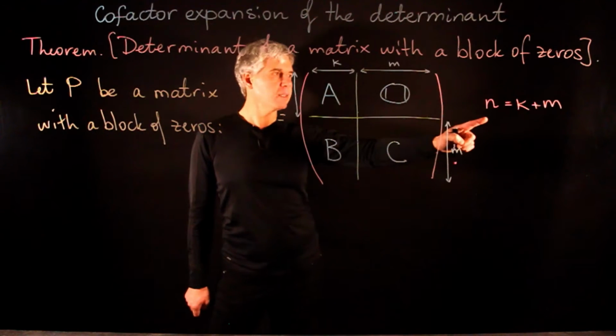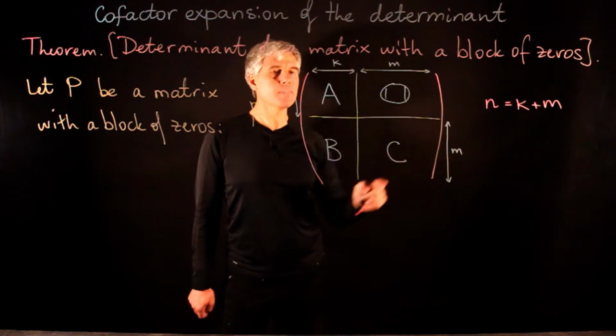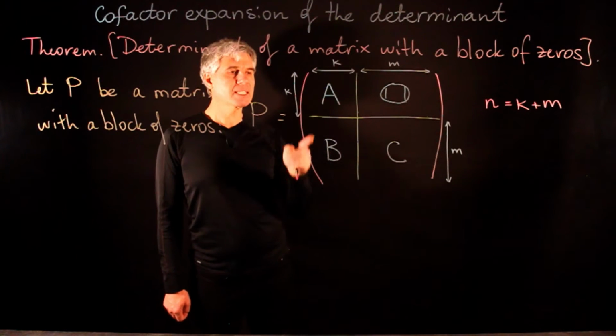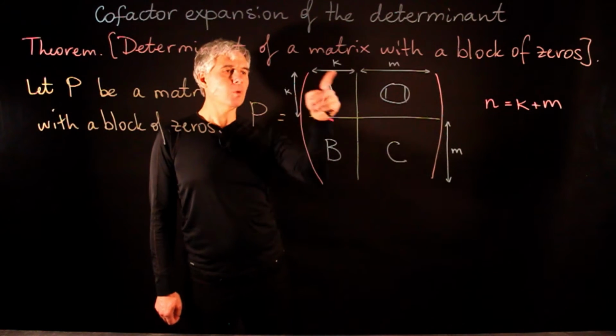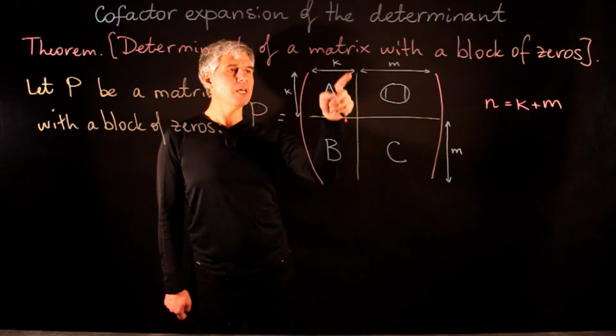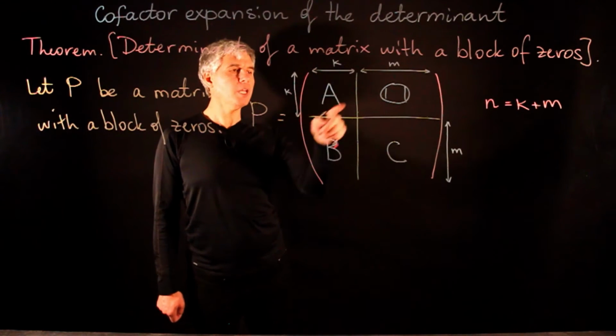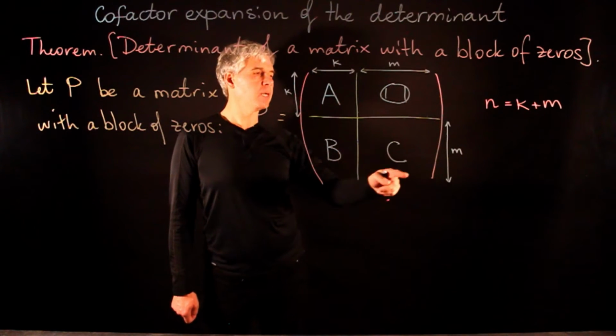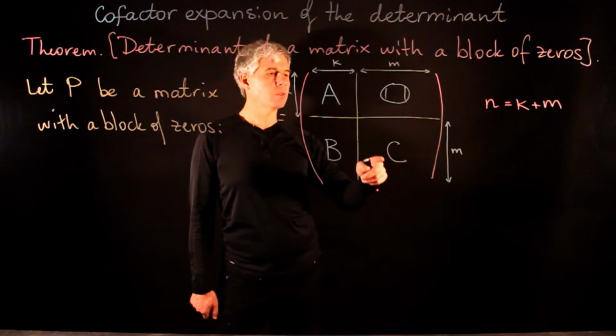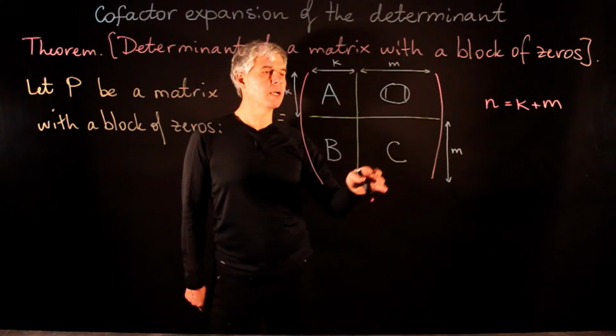We represent n as a sum of k plus m and select in P the following submatrices. So we have a k by k submatrix A in the top left corner, and an m by m submatrix C in the bottom right corner.